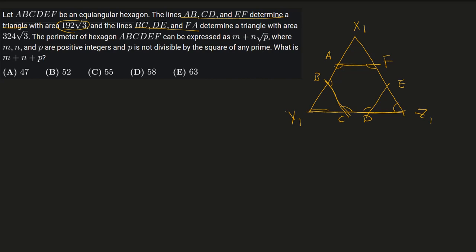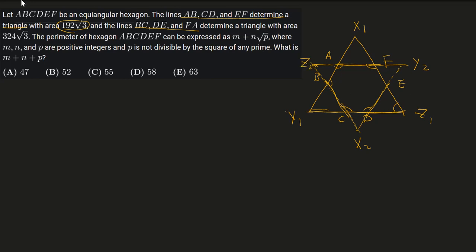Let's extend BC, DE, and AF. This certainly forms another equilateral triangle. Let's call this x2, y2, and z2.